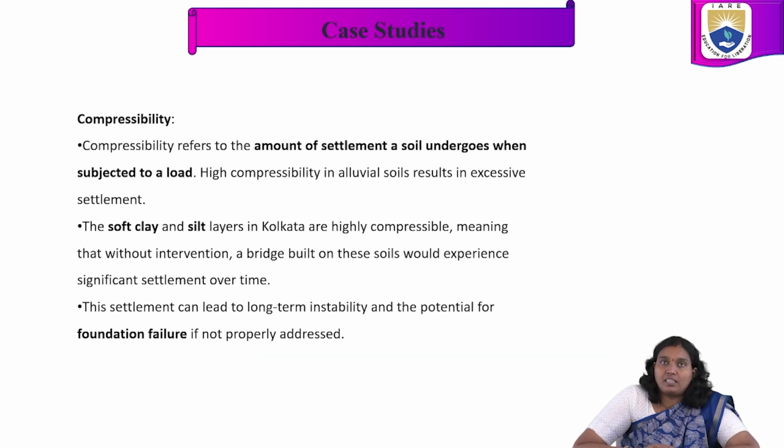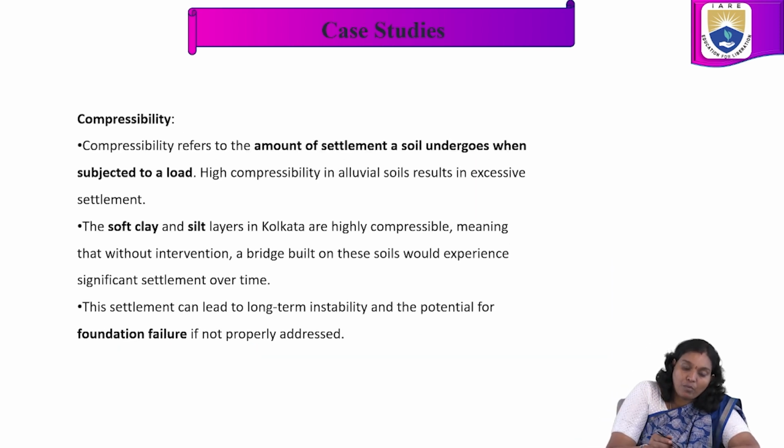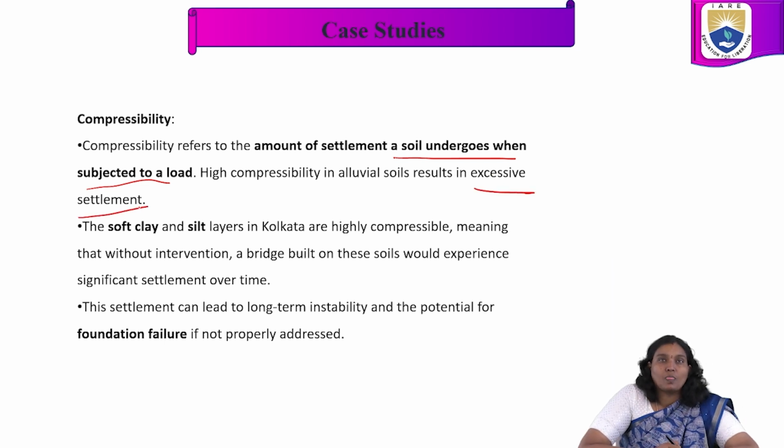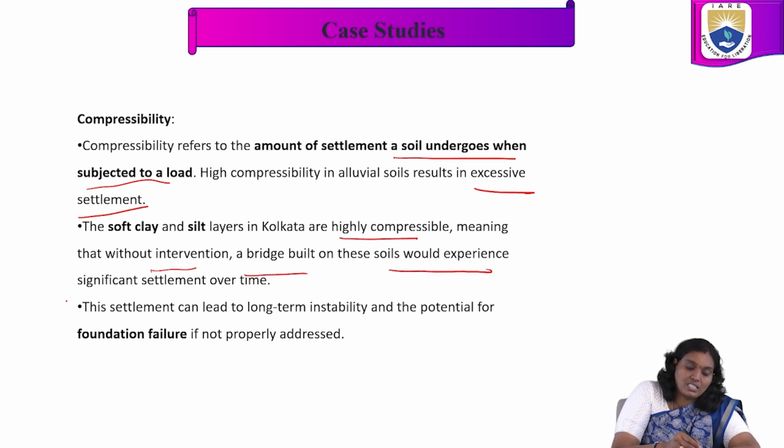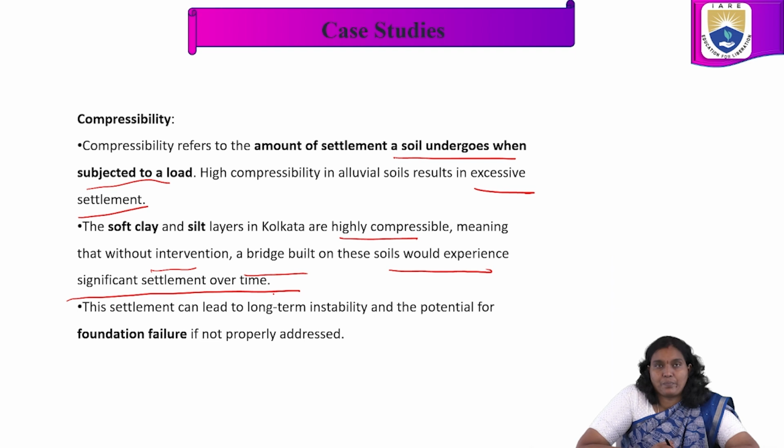And compressibility. It refers to the amount of settlement the soil undergoes when subjected to load. High compressibility in these types of soils results in excessive settlement. The soft clay and silt layers in Kolkata are highly compressible, meaning that without intervention, a bridge built on these soils would experience significant settlement over time.